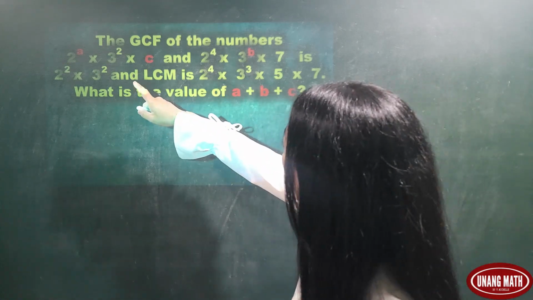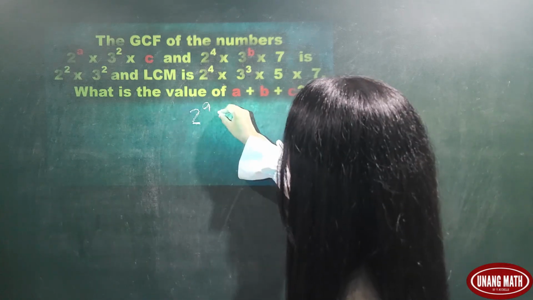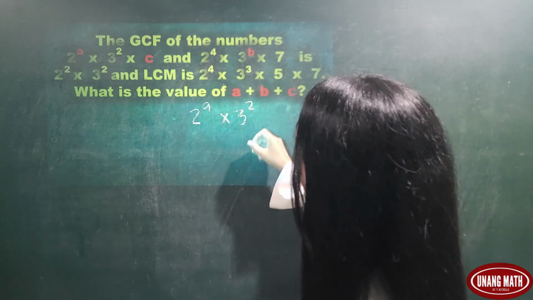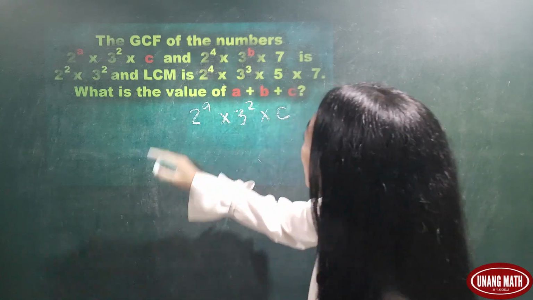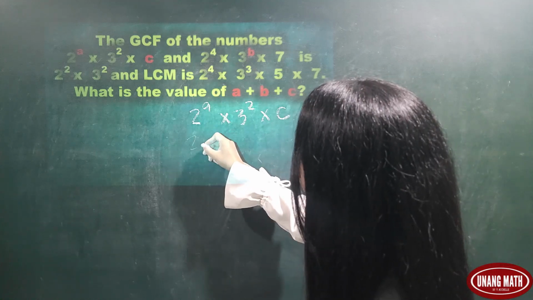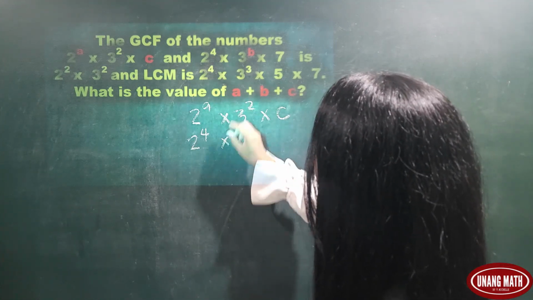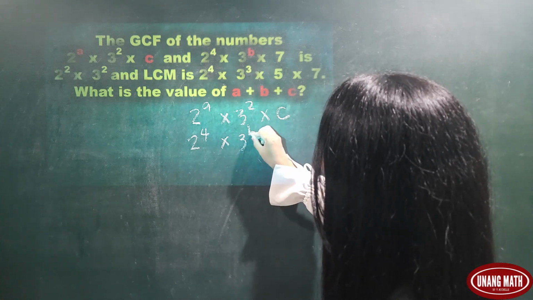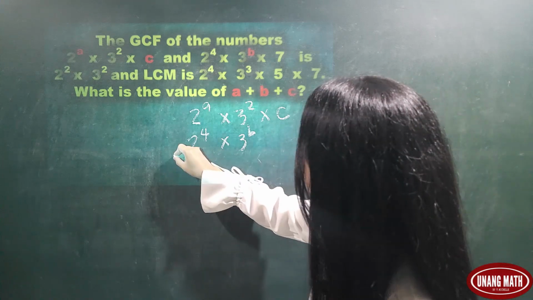Okay, let's get the two numbers. We have 2 raised to the power of A times 3 squared times C. And the other one is 2 raised to the power of 4 times 3 raised to the power of B times 7.